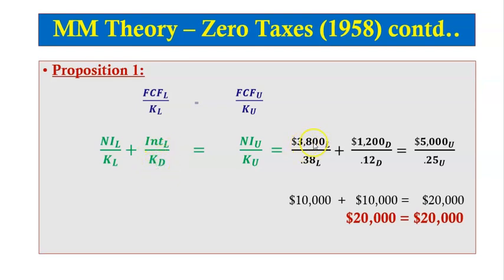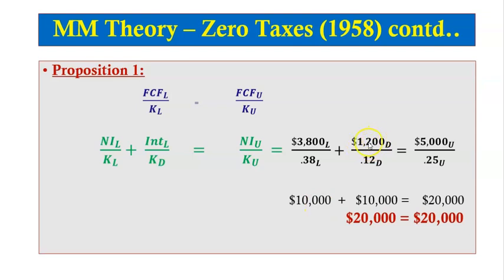The cash flow to the shareholders of the levered firm is equal to the dividends paid, which is equal to the total net income, that is $3,800, and we already know that the cost of levered equity is 38%. So $3,800 divided by 38% gives us the value of equity equal to $10,000.